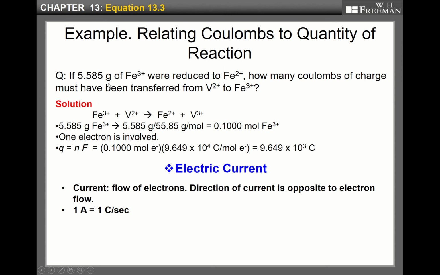All right, and this amount of iron, how many moles is it? So we have to know the atomic weight of iron. The atomic weight of iron is 55.85 grams per mole. This is 1 mole.